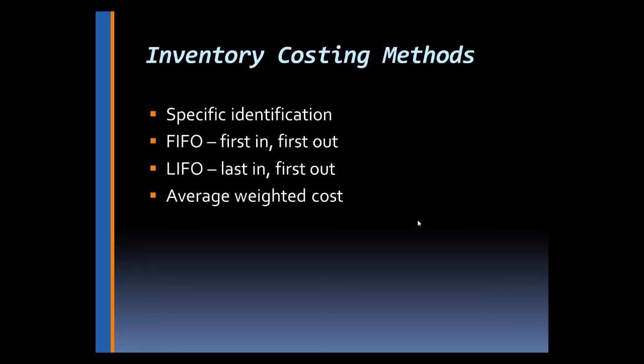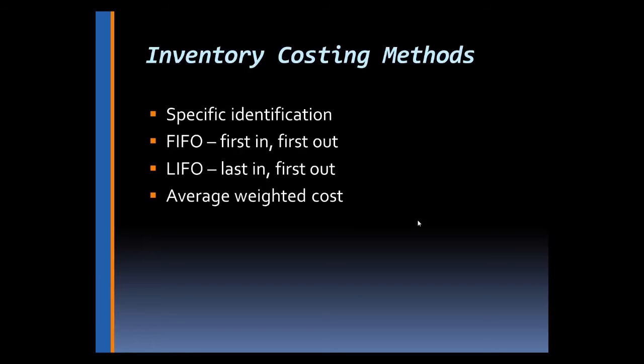Now, where you have larger quantities of items in inventories, let's say that you're in the business of handling lumber, you may choose then to value your lumber based on what's in the inventory as a batch, not by specific identification.